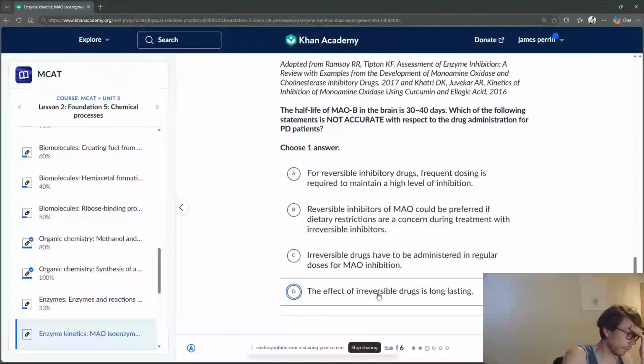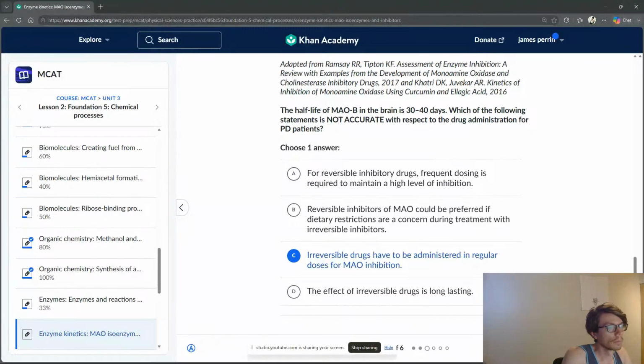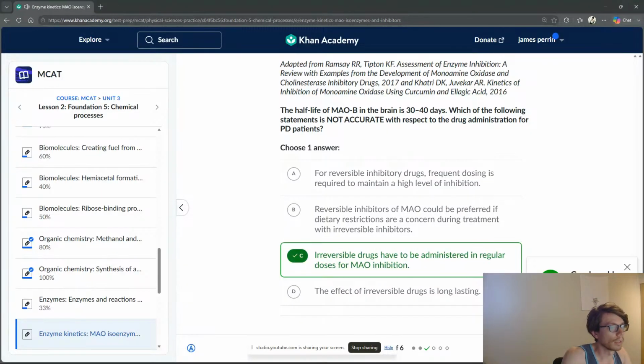The effect of irreversible drugs is long-lasting. It doesn't. Okay, so that was literally just like a logical statement.